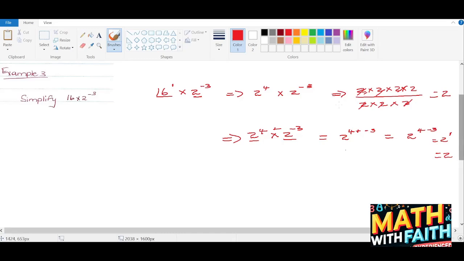So we just have to apply the knowledge. Here we apply the knowledge that 2 to the minus 3 is 1 over 2 to the 3. And then we divided and we could get the answer. Here we use the first rule. When we multiply the same bases, we add the indices. We got the same answer, right?